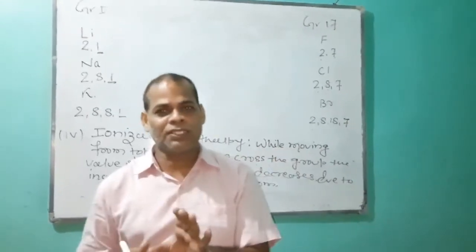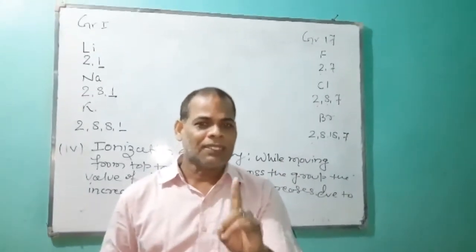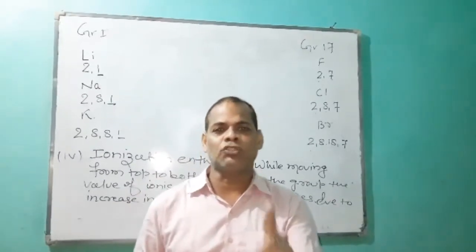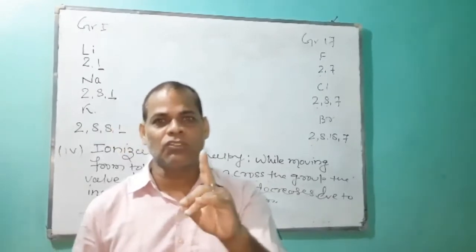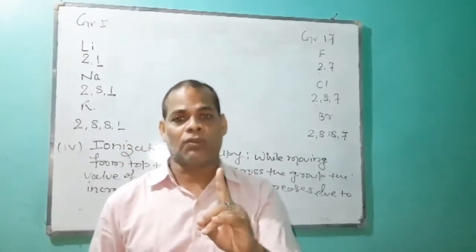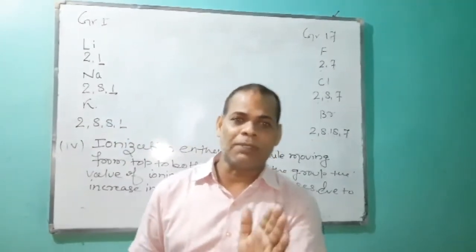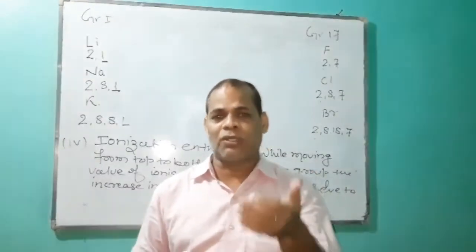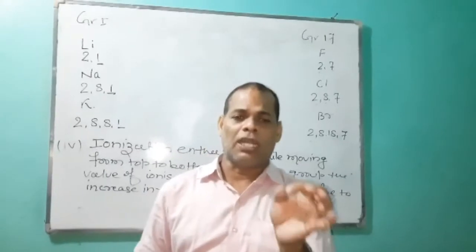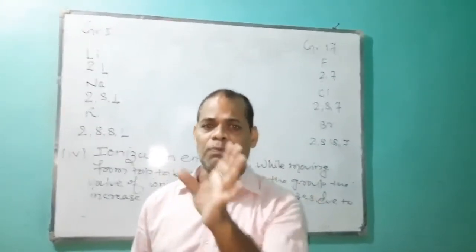So my dear students, as I said, the non-metal has a tendency to gain electrons. The amount of energy liberated by the nucleus when an incoming electron is added to the valence shell is called electron gain enthalpy.